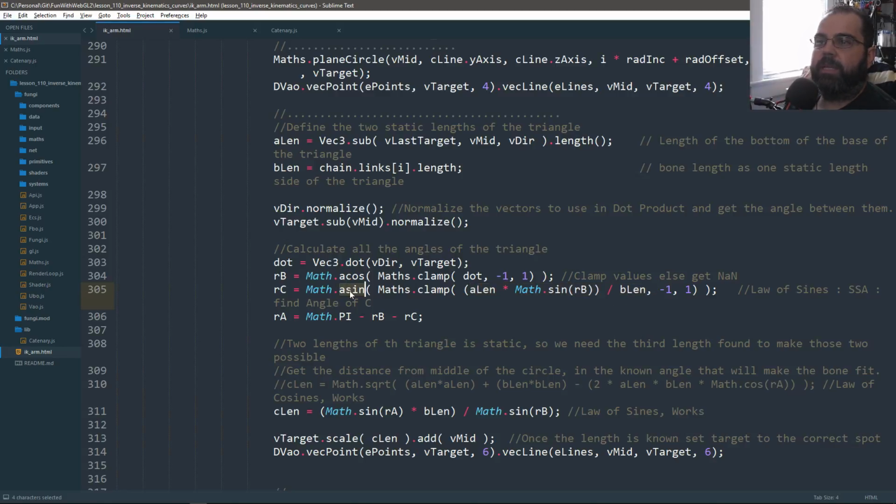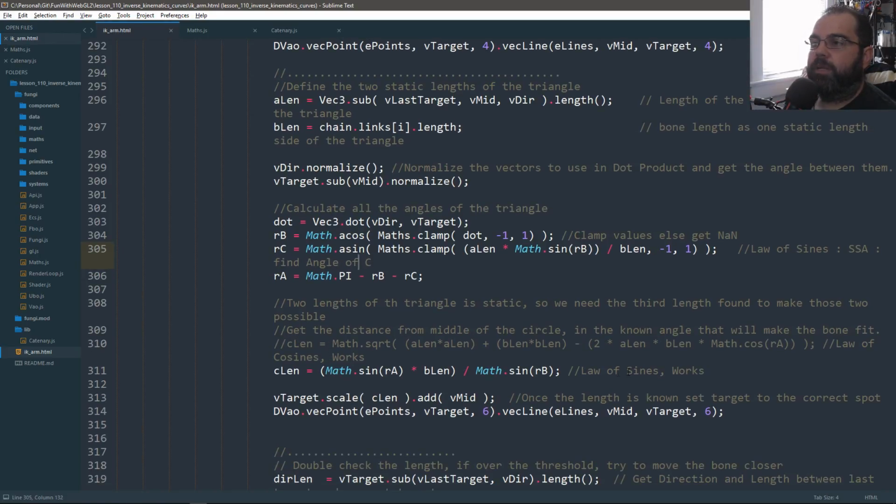Then I use the arcsine to get the actual angle. Once I have those two angles, I can subtract from pi to get the angle A that I need. Because once you have two angles, you can solve the third angle by subtracting 180 degrees. But everything is in radians, so I just subtract from pi.